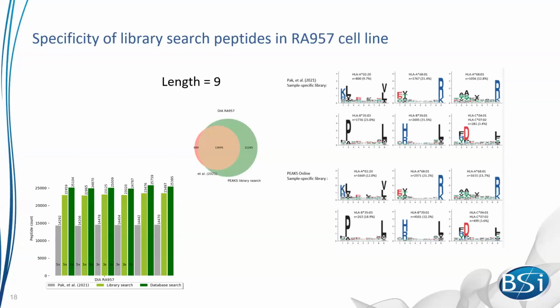If we take a length line and select those, on the right is the motif deconvolution. You can see our library search and the reported library search result have very, very similar motifs. This shows that we not only find more peptides, but also that the library search has good accuracy.